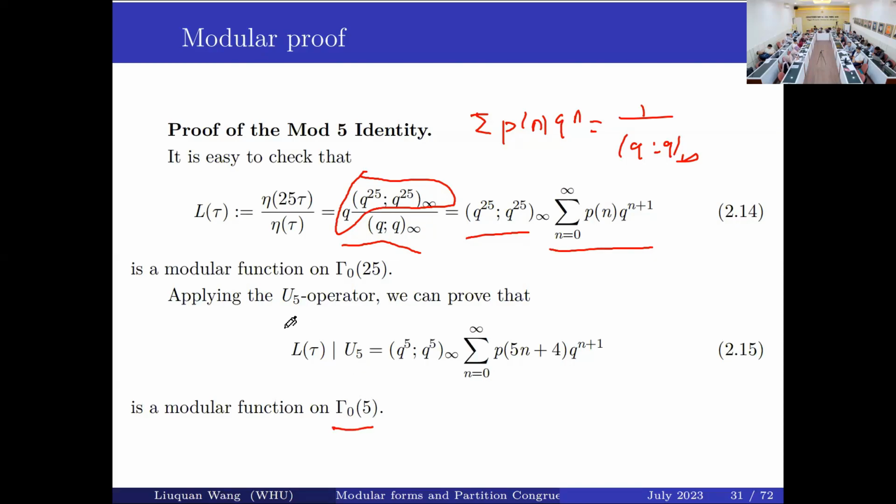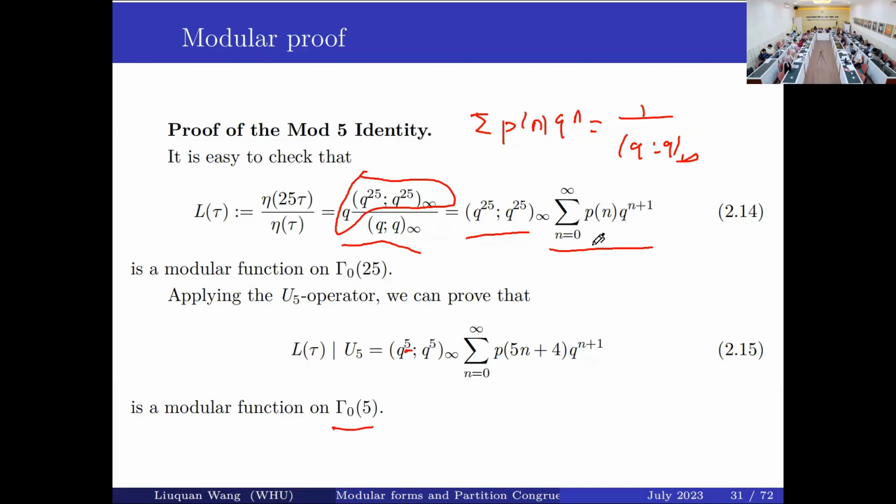So for this, you need some extra knowledge, but this is true. On the right side, if you apply the U5 operator to this product, then the power 25 becomes the power 5, and Pn times q to the m plus 1.